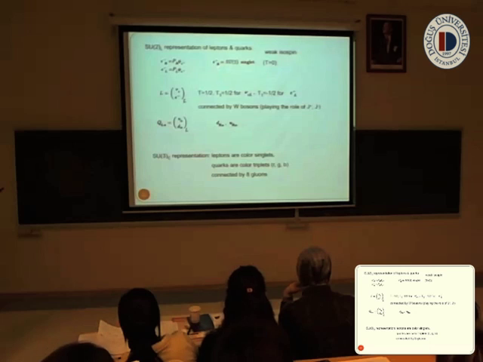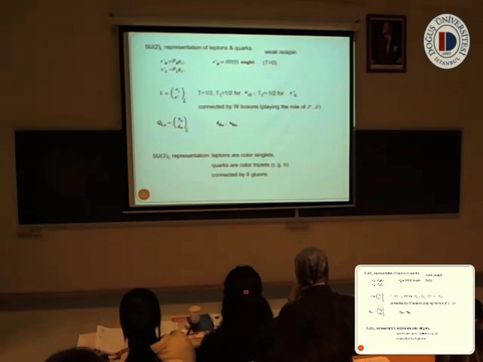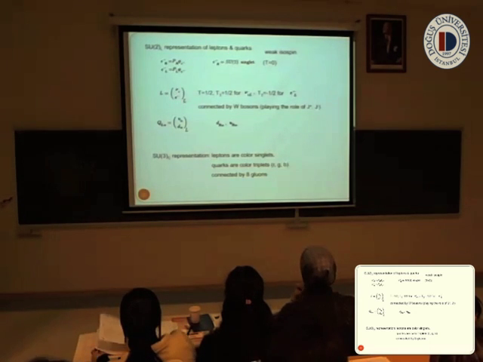The right-hand part of the electron is an SU2 singlet. It doesn't feel this interaction. The left-handed part of the electron pairs up with the electron neutrino to form a doublet under SU2 transformation. This is just like spin. It's called isospin to distinguish.